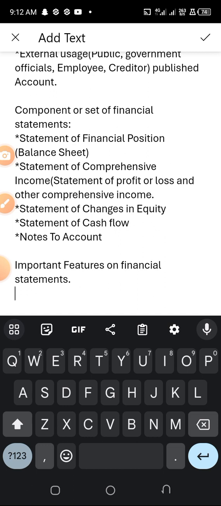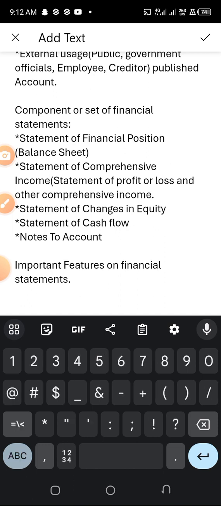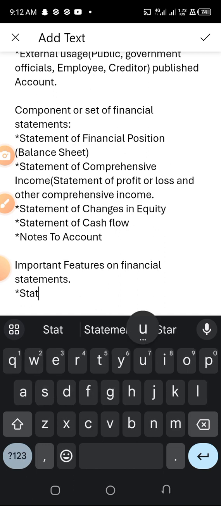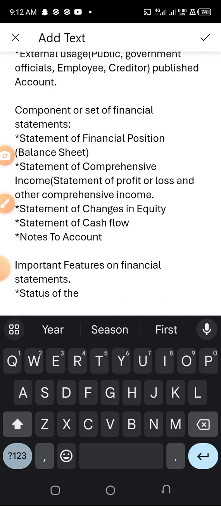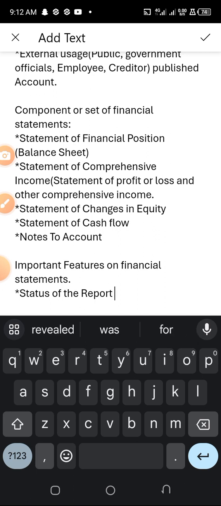Number one, it must state the status of the reporting entity, that is, whether it is a single entity that is either limited or public. And the second is it must state whether it is a group of accounts, that is, if you are doing a consolidation of accounts.